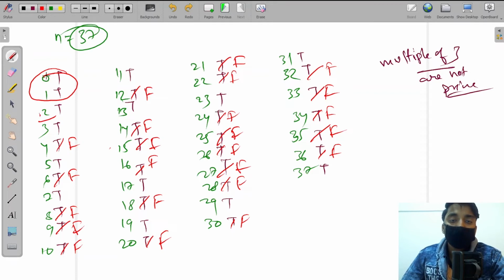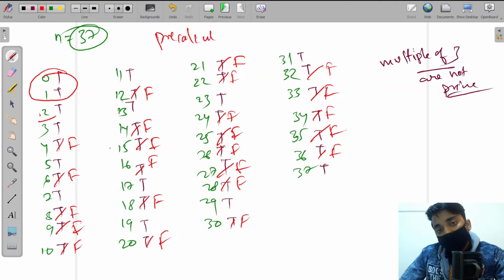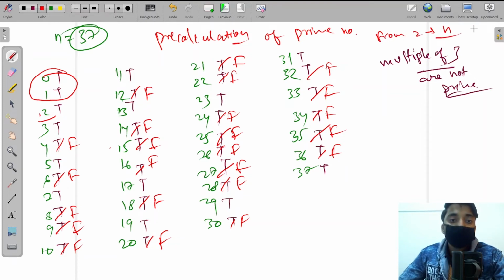So this outer loop for checking whether all the numbers are true or false is the pre-calculation of prime numbers from 2 to n.